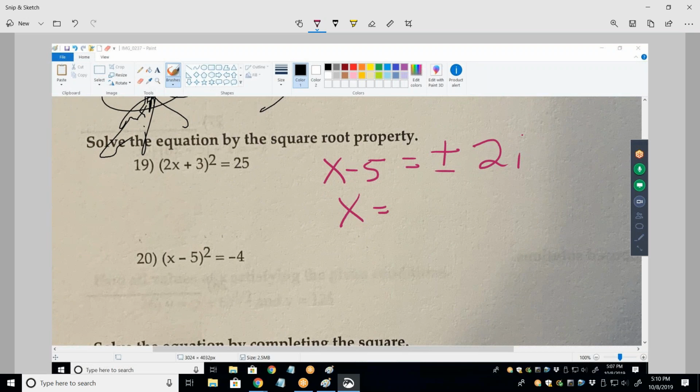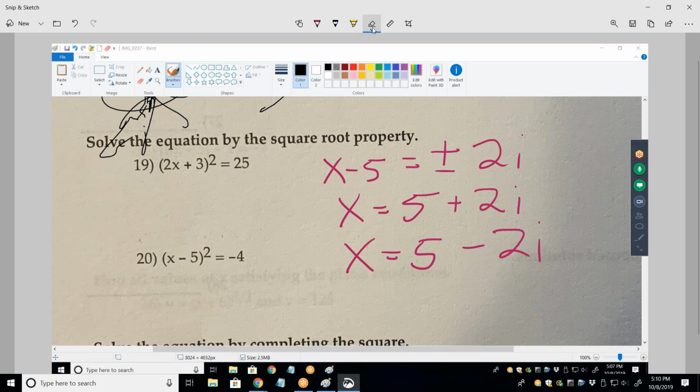Okay, I'm going to jump a step. There's one solution. There's the other solution. And that's always what plus or minus means. You just have two things that you wrote only once. Okay?